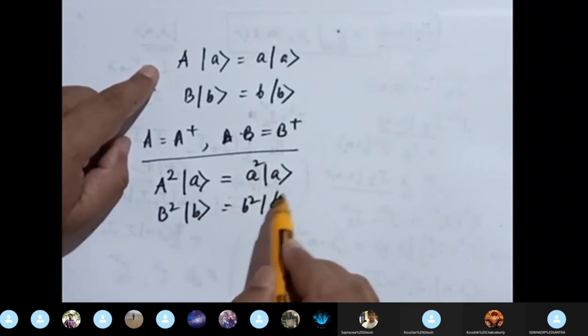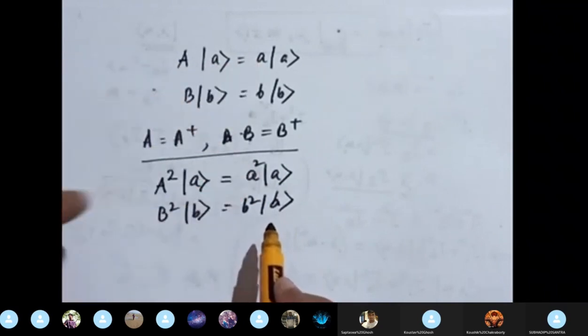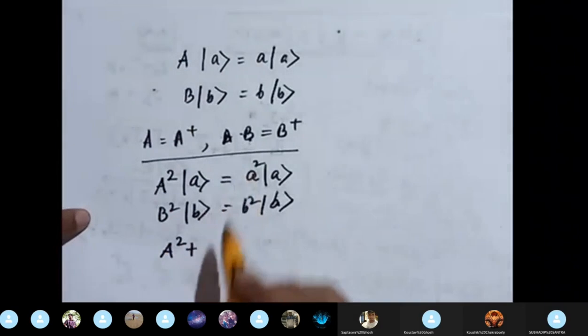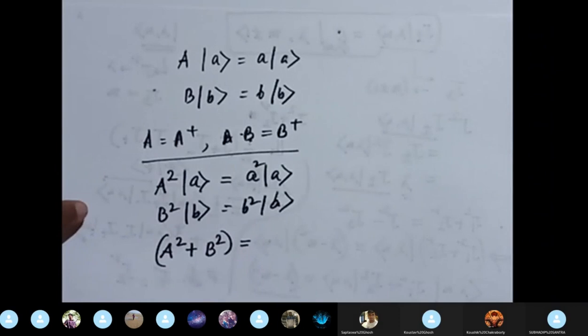Since A and B are Hermitian, their eigenvalues are real, and their squares are positive. Okay. Now, this is an operator. Can you prove your statement that this operator will have positive eigenvalue? Why? That's the explanation I am asking.